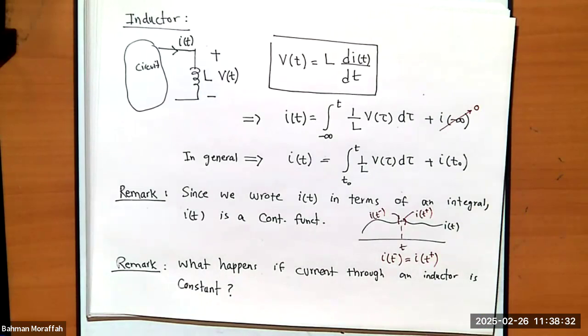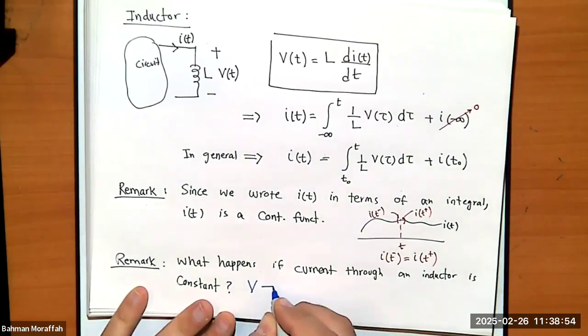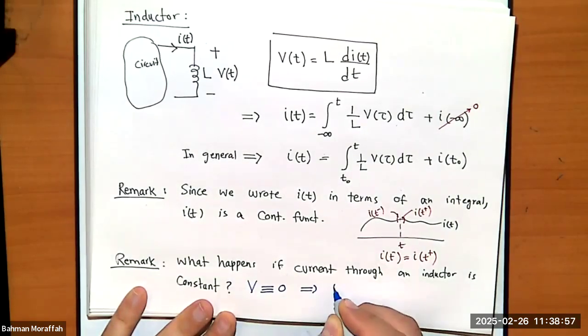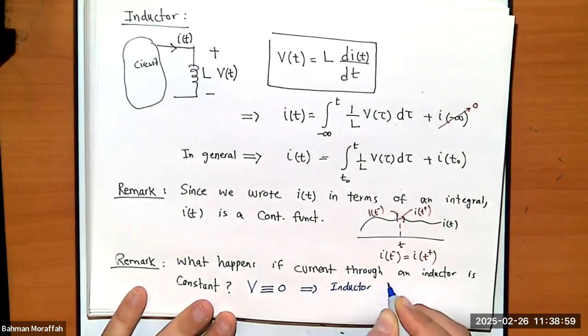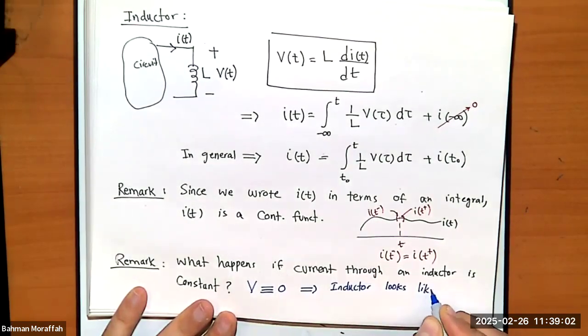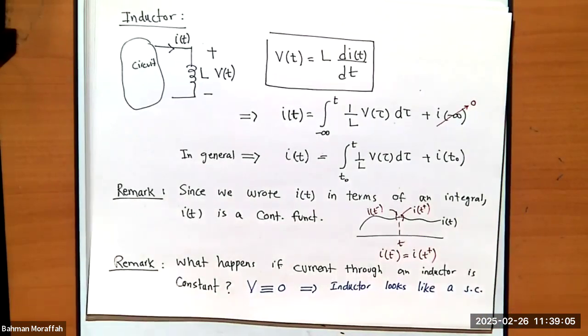If the derivative of current is 0, what is voltage? It is 0. What does it mean to have voltage across an element be 0? It means it looks like a short circuit. So voltage must be 0, and therefore the inductor looks like a short circuit.